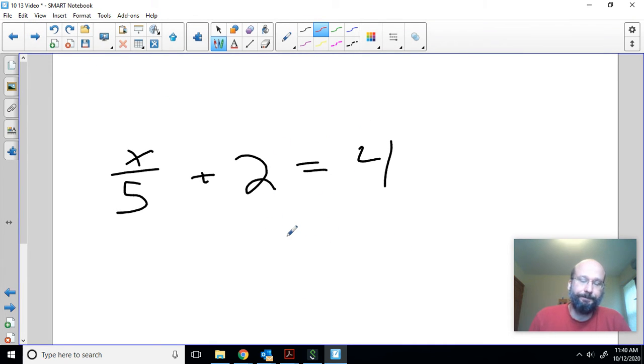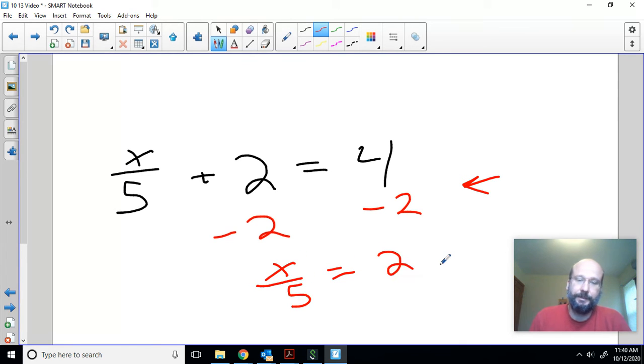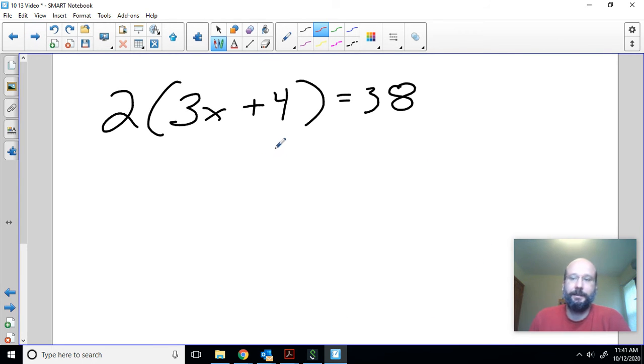What's our next step? What's this property called? What's our next step? What's this property called? This property. What's our next step?